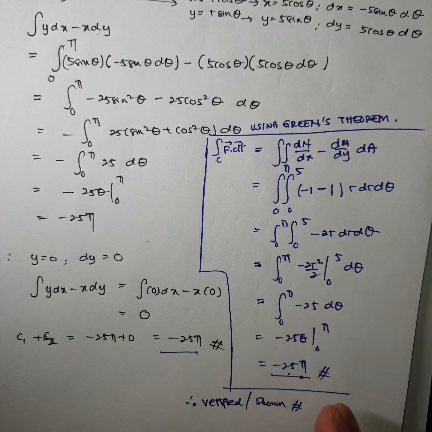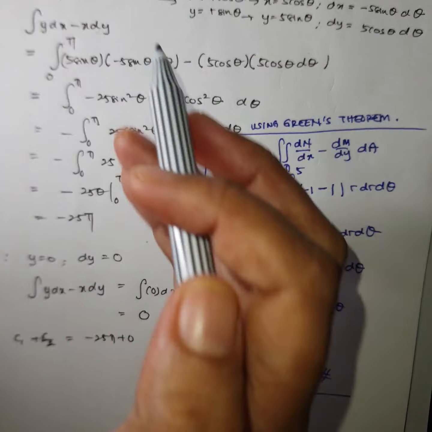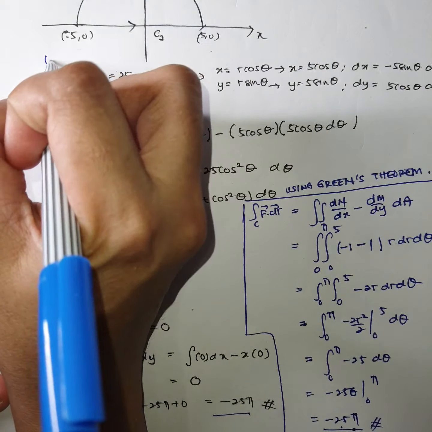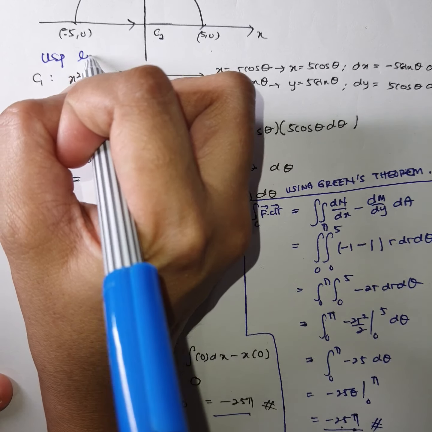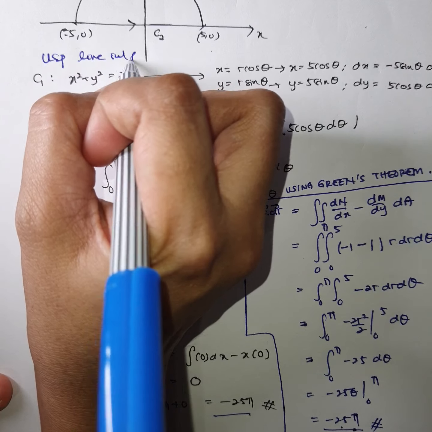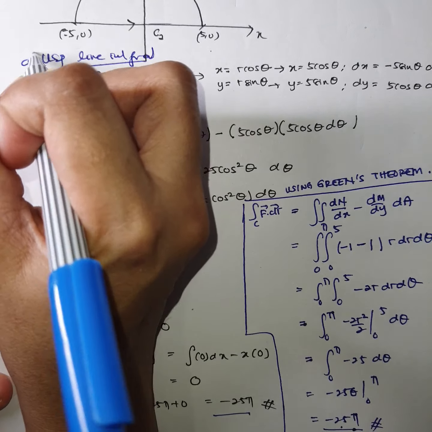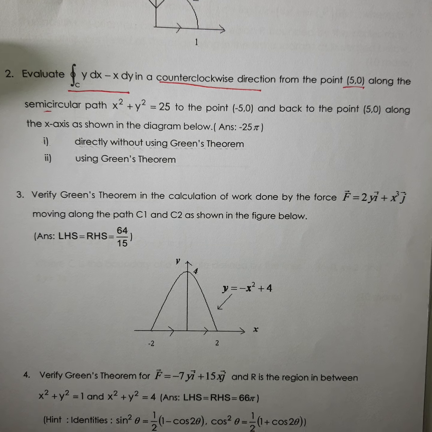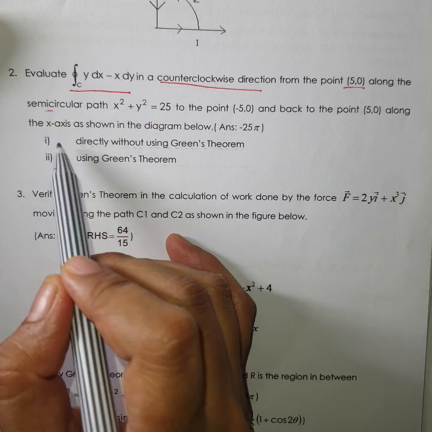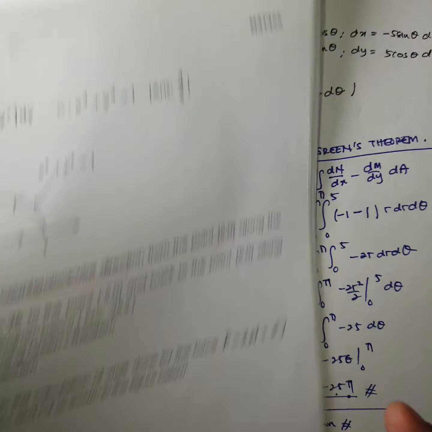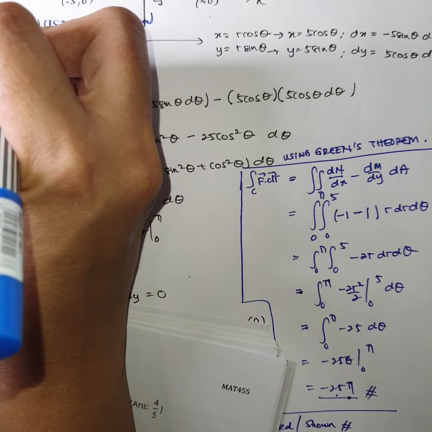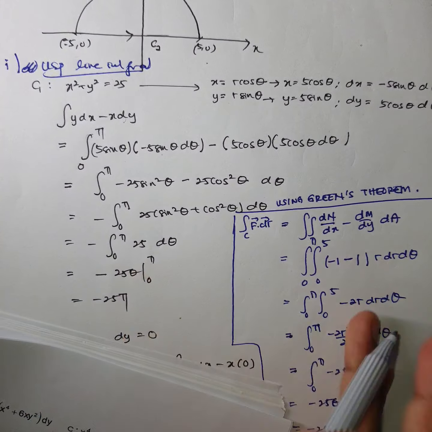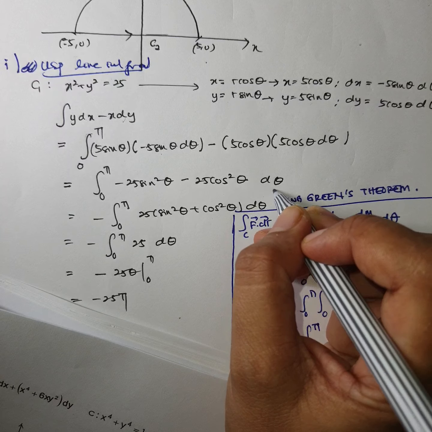Alright, so what we want to show now is using the line integral. Okay, you have to mention it. Using line integral, the normal process. This is question A just now. Alright, question A. Okay, so you have to use question A part 1 directly without using Green's theorem. So you have to mention it. This is part 1. Okay, and then using Green's theorem you have to mention.